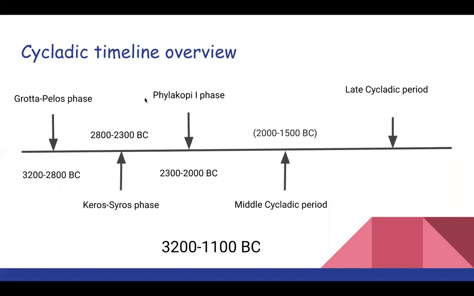And here is the last slide. The first period, lasting more than 1000 years, is the early Cycladic period, and here is the middle Cycladic period, and here is the late Cycladic period.